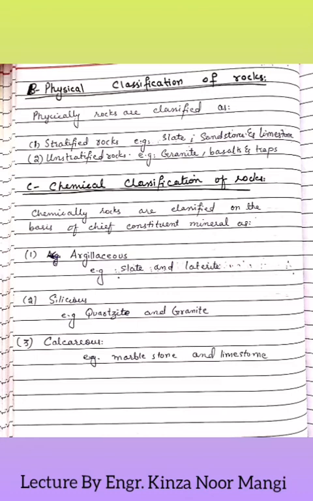Argillaceous rocks are rocks in which the principal constituent is clay or alumina; examples are slate and laterite. Siliceous rocks are those where the chief constituent is sand, that is silica; examples are quartzite and granite. Third are calcareous rocks, where the principal constituent is lime, for example marble and limestone.